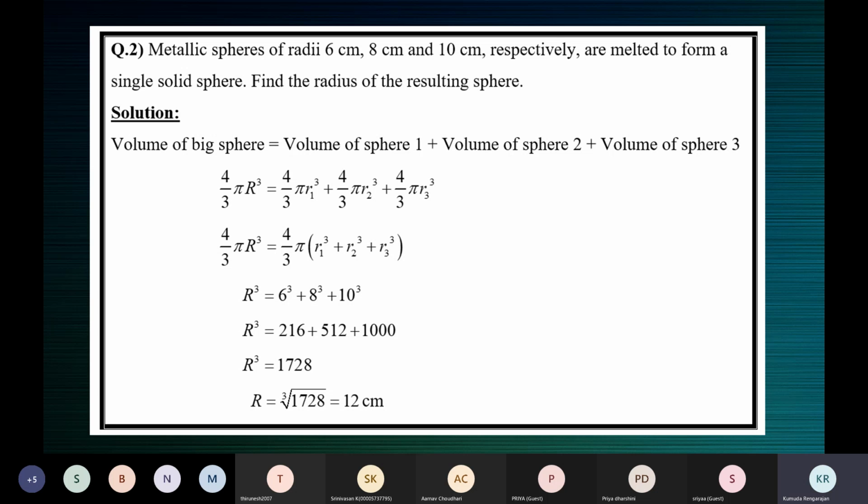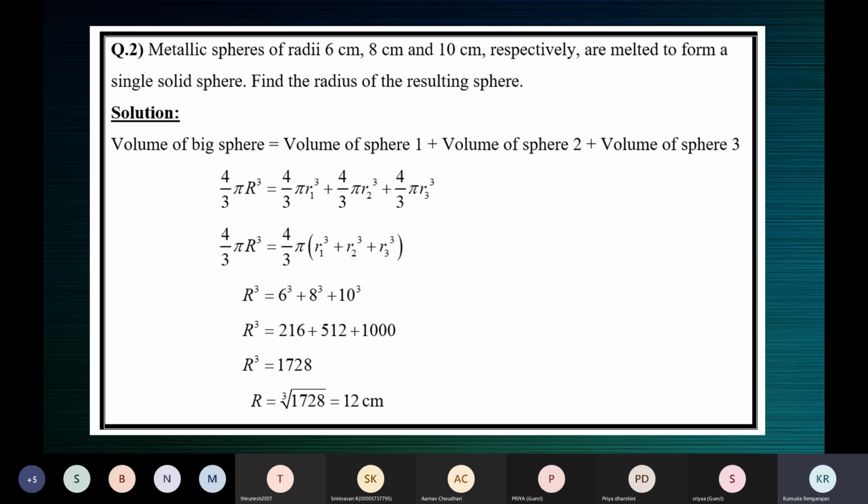Since 3 spheres are melted to form one single solid sphere, the equation is: the volume of the big sphere is equal to the sum of the volumes of the 3 small spheres. All the 3 small spheres put together make the big sphere.